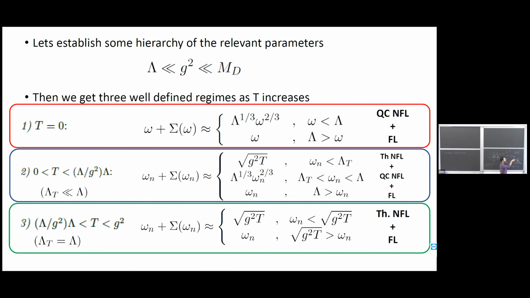So this second region is what one associates with the quantum critical region associated to the quantum critical point. But as the temperature increases, this window starts to shrink and eventually disappears, and we end up with the third regime in which there's only thermal non-Fermi scaling. Of course, for frequencies large enough, we will always have a linear scaling, but not.